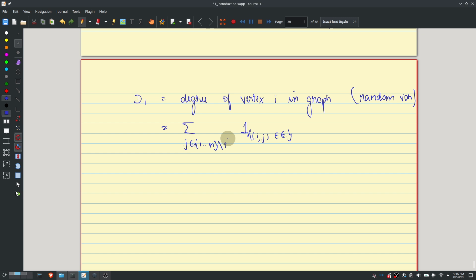So here I'm summing over all possible j, right? So let's take 1 comma 2. Are d1 and d2 independent?